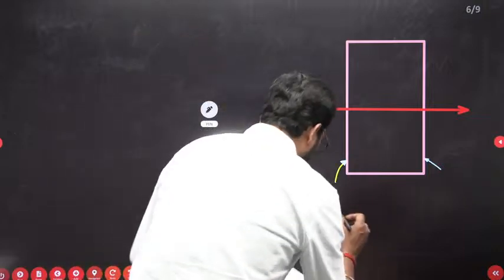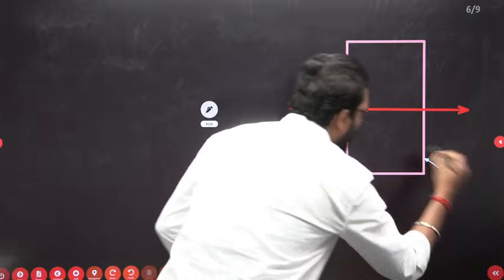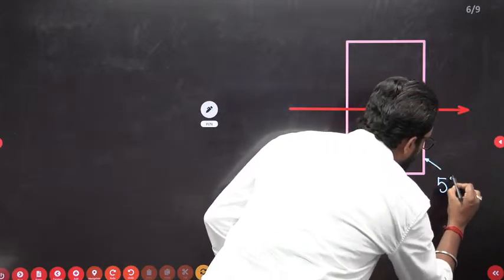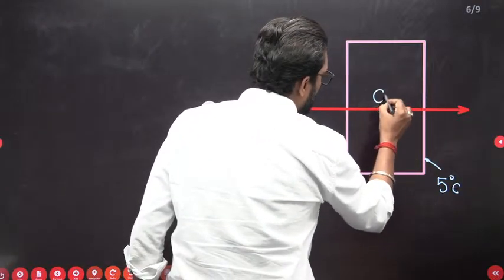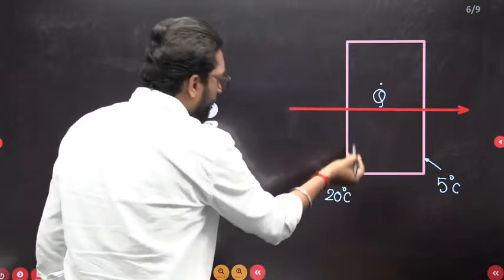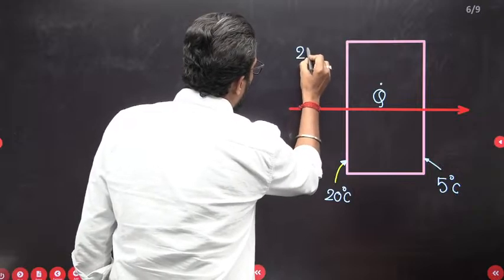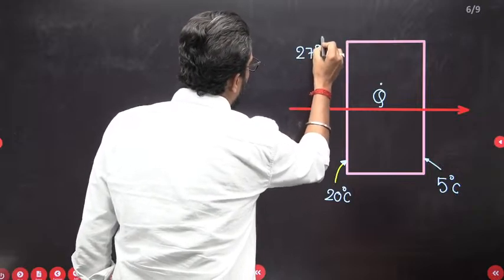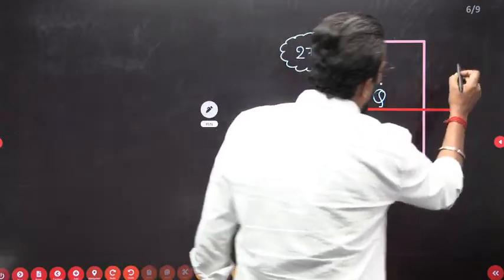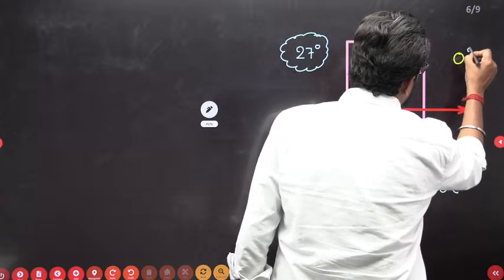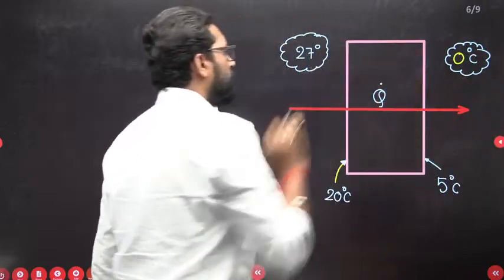The inner face will maintain 20 degrees centigrade and the outer face will maintain 5 degrees centigrade, so that heat will transfer. Clear? Now the inside temperature is 27 degrees, this is your inner surrounding. The outside temperature is 0 degrees centigrade, and this is your outer surrounding.